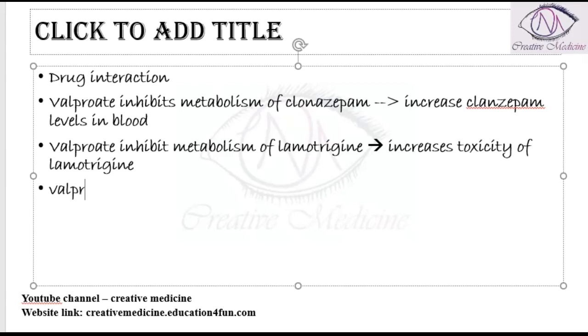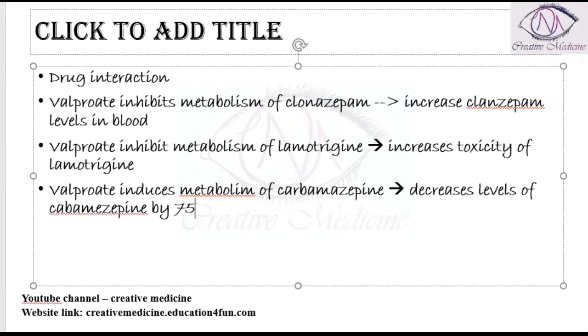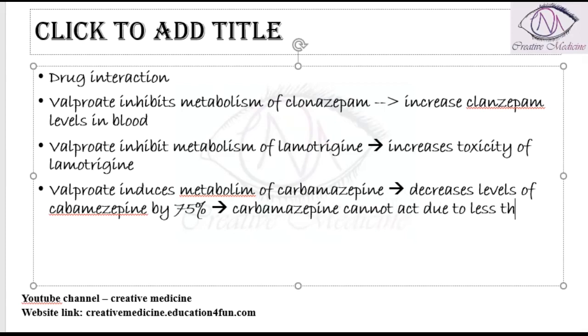Valproate also induces the metabolism of carbamazepine. When it induces the metabolism of carbamazepine, this will decrease the levels of carbamazepine by around 75%. So the carbamazepine in the blood decreases, and the dose of carbamazepine is less than the therapeutic efficacy.